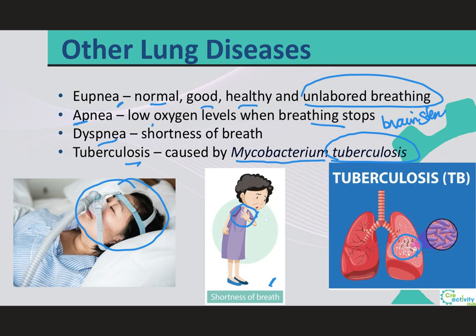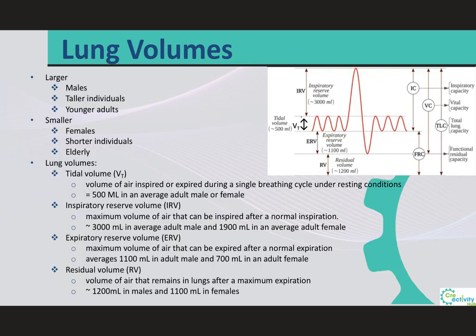Not everyone that's infected with tuberculosis bacteria actually becomes sick, but they do spread the bacteria around. So this is why it's important for you to get tested for this bacteria, because, like I said, not everybody knows that they're infected if they don't present any of the signs of tuberculosis, like a really strong cough, for example. Let's focus now on the lung volumes.